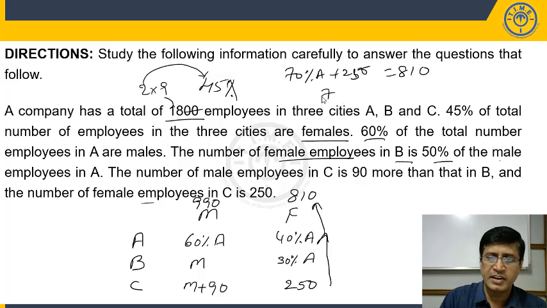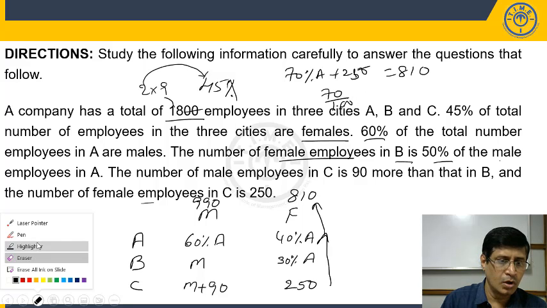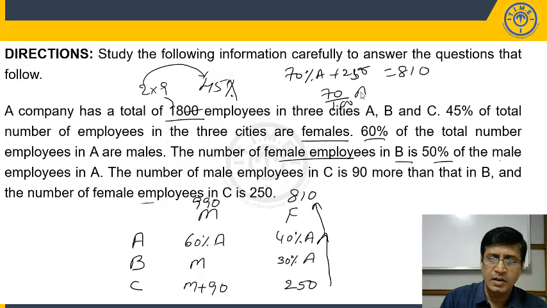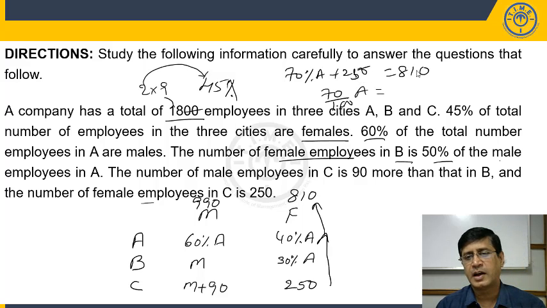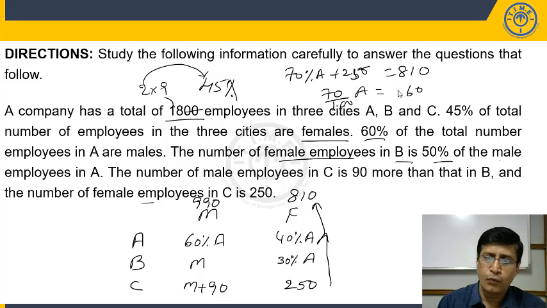So 70% means 70 by 100 of A is equal to 810 minus 250, which is 560.